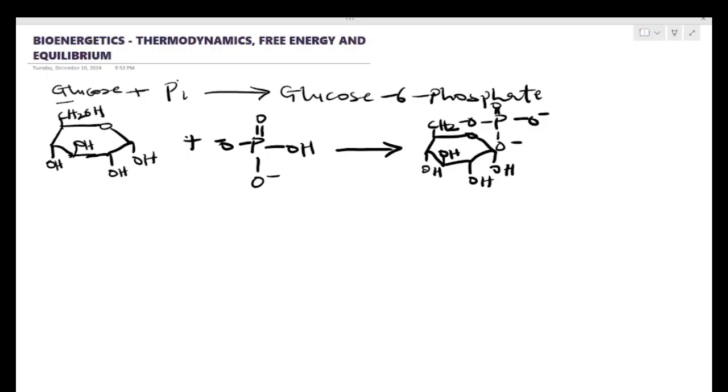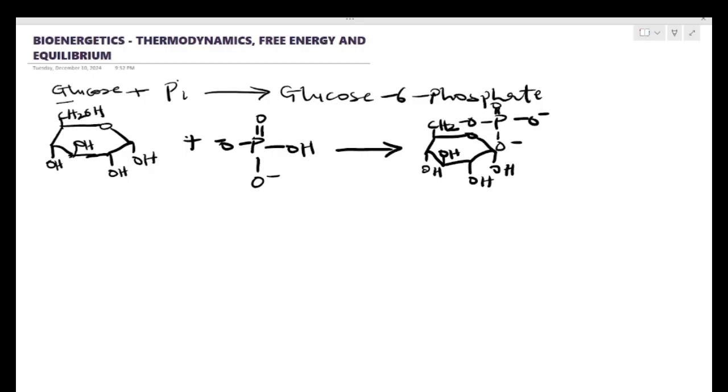But just because the reaction wants to move forward, and just because we write this equation like this, does not mean that it happens. In discussing thermodynamics, we speak of spontaneous processes, more specifically spontaneous reactions.